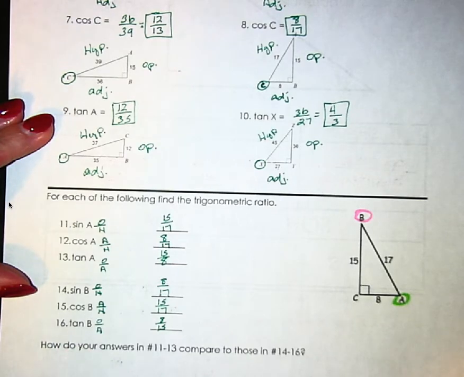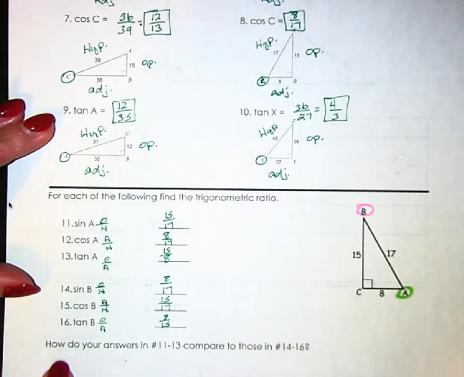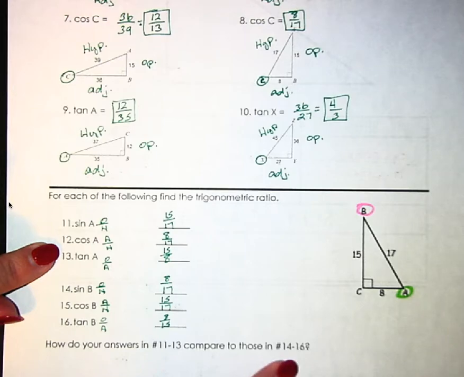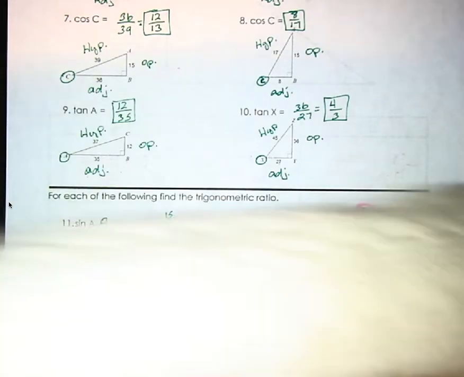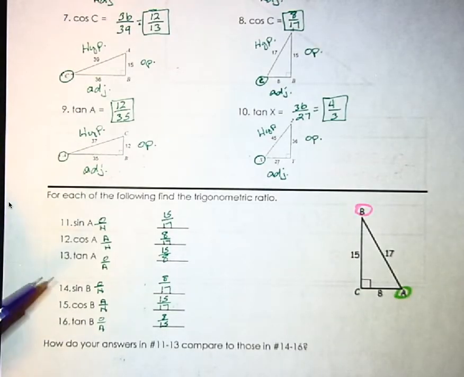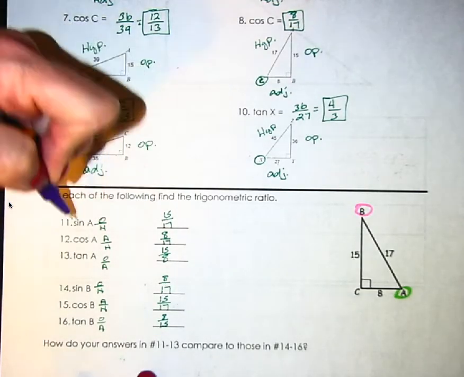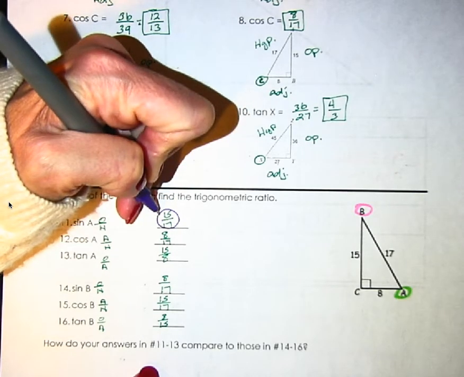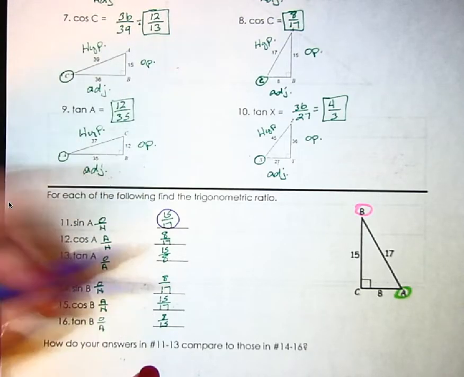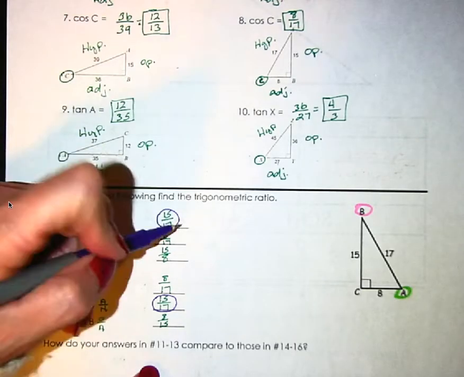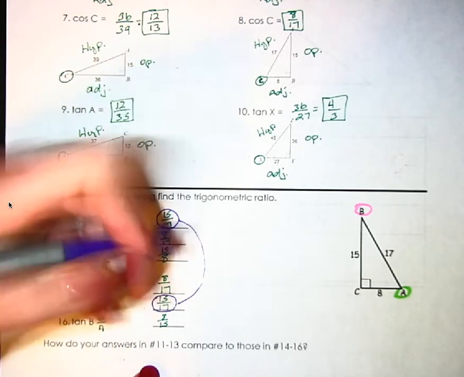Now, it asks us to look at how your answers in 11 through 13, these top three, compare to those in 14 through 16. If I look at them, you should be able to see some patterns here. The sine of A, which was 15 over 17, appears down here again, but now 15 over 17 is the cosine of B. So those are equal.